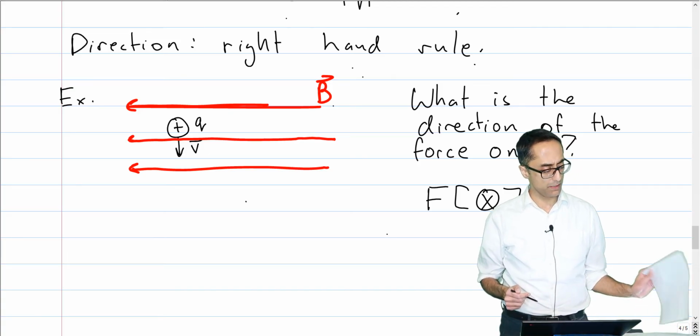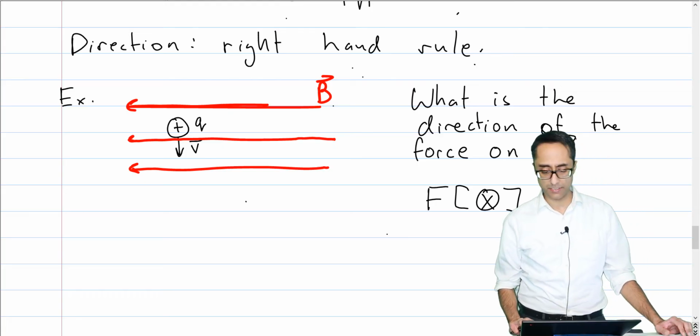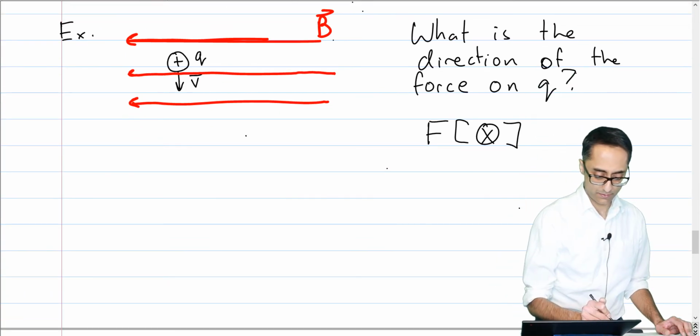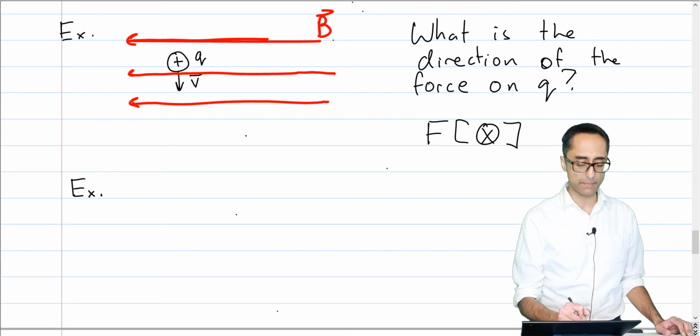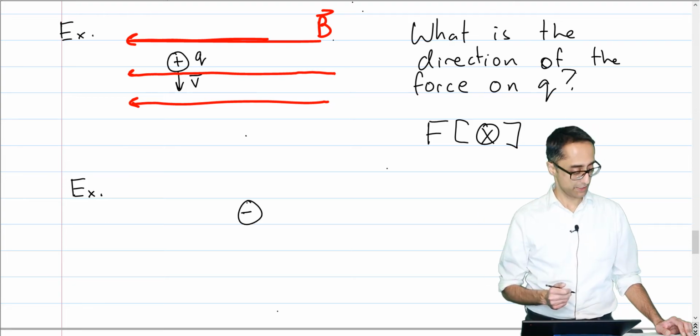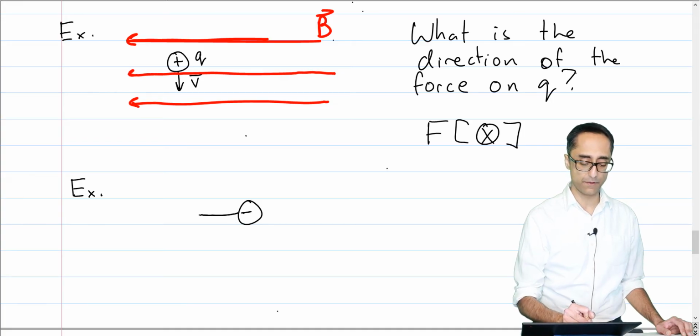Should we do one more? Sure. Let's try the following. This time I'm not going to make it hard. This is basically as hard as it can possibly get. I'm going to give you a negative charge. And I'm not going to tell you the direction of the velocity. I want you to find the direction of the velocity if the force on the charge is going this way.